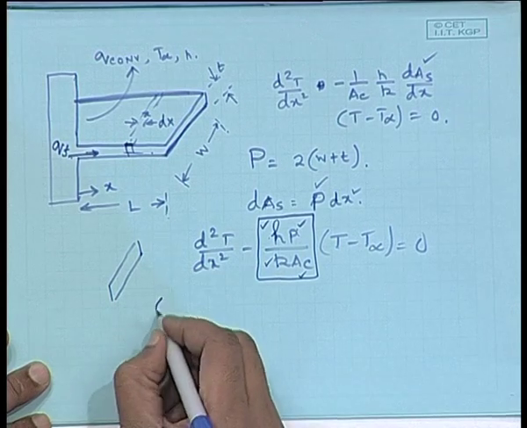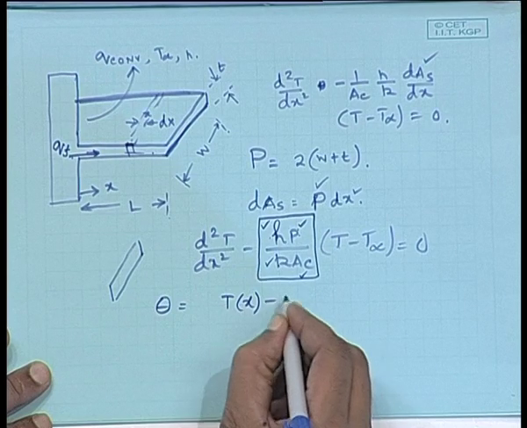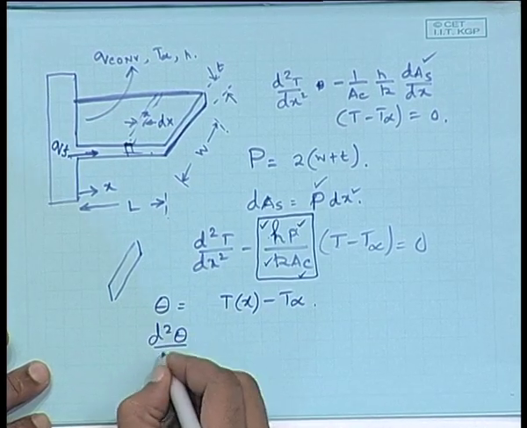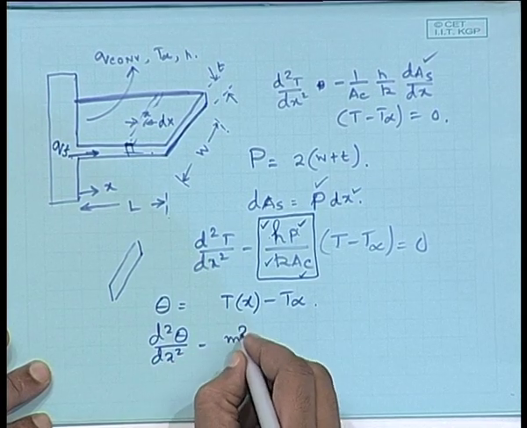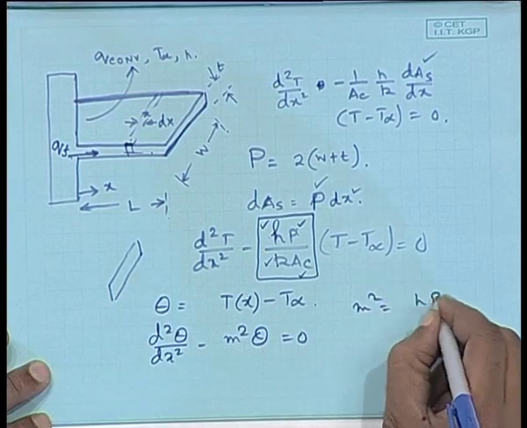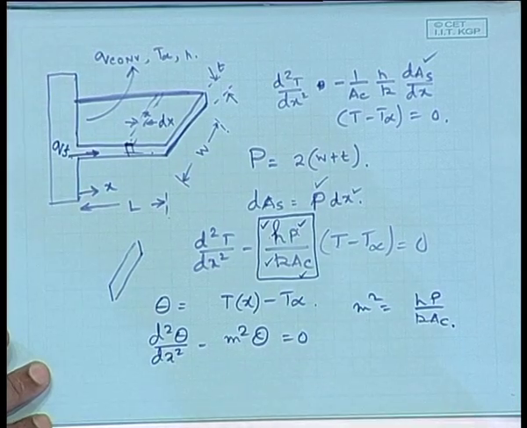So, if we define a temperature theta as equal to T, which is a function of x, minus T infinity, then this equation simply becomes d2 theta by dx square minus, let us call it m square theta, is equal to 0, where m square is hP by kAc. What is the solution of this equation?